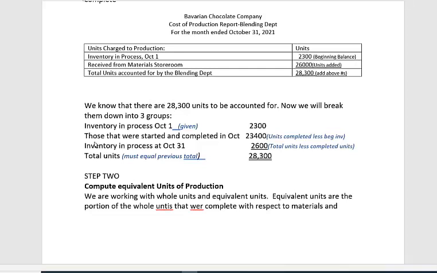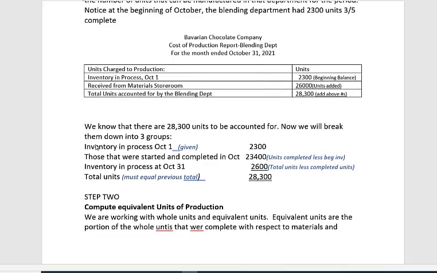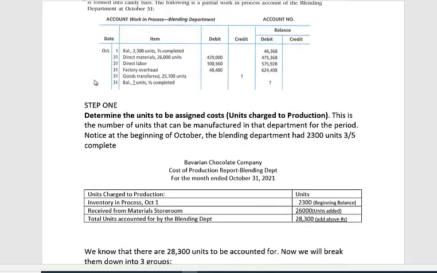So the way that we figured that out is we see that 25,700 units were completed and transferred out. So we know that 2,300 was in process, so they could not have been started and completed.